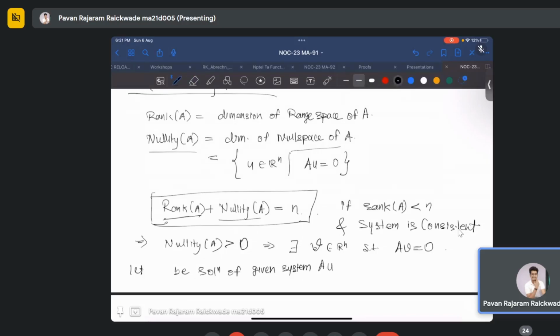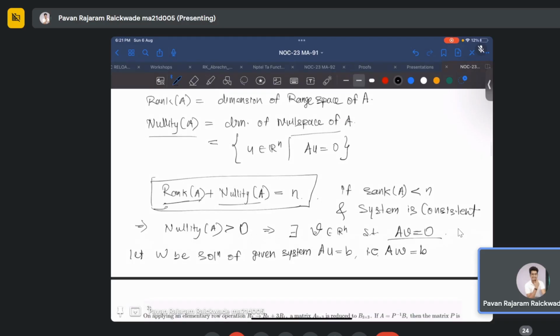The system is Au equals B, so I have to call the solution something else. What should I name the variable? Let W be the solution of the given system Au equals B. That is, we have AW equals B, and we know AV equals 0.